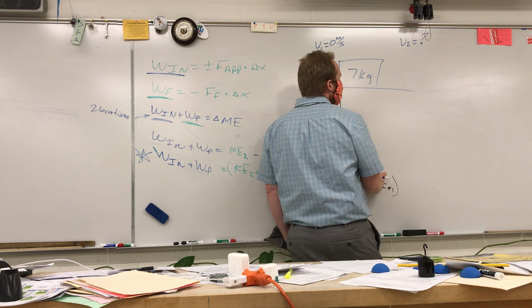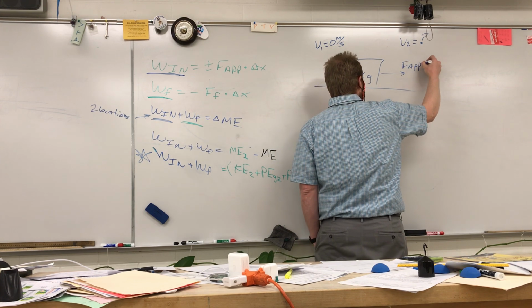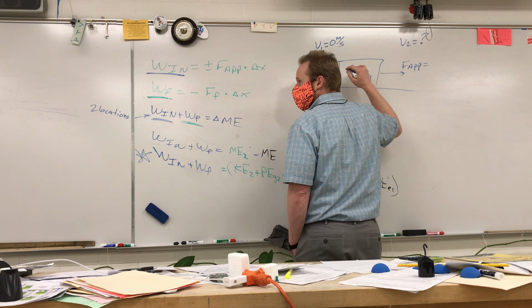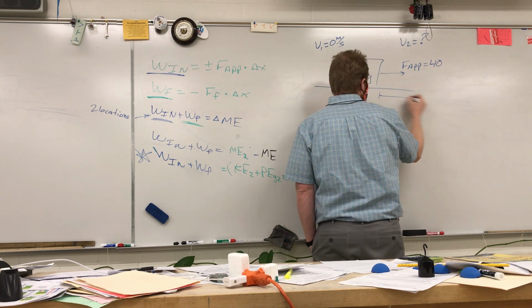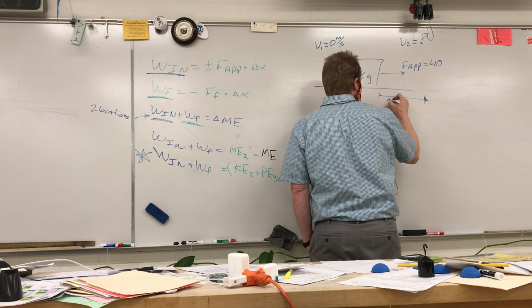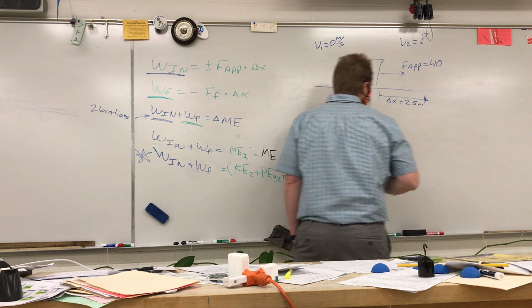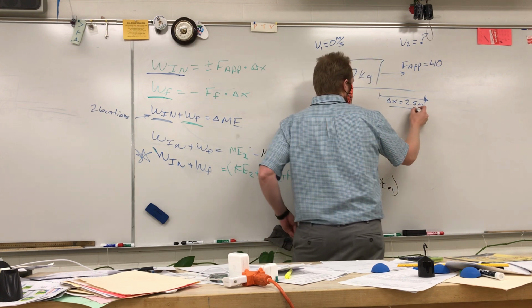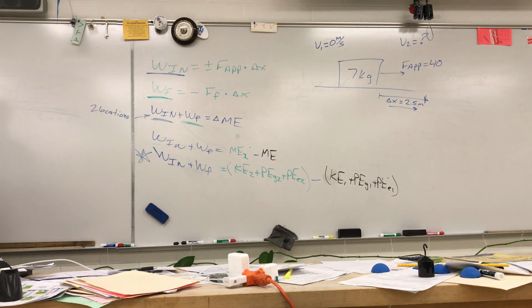What's my V2? Given an applied force of 40 newtons, it says that the applied force causes the object to accelerate 2.5 meters, and hopefully that's implied well enough that you can determine the applied force and the displacement are in the same direction.